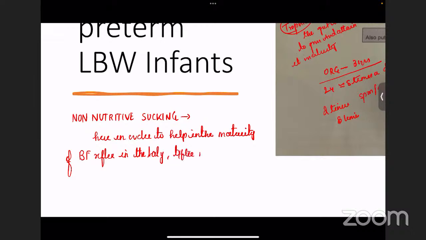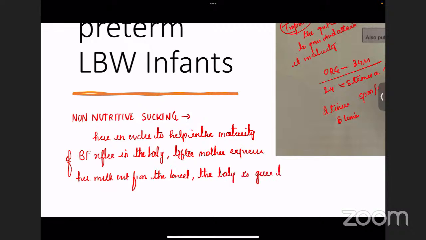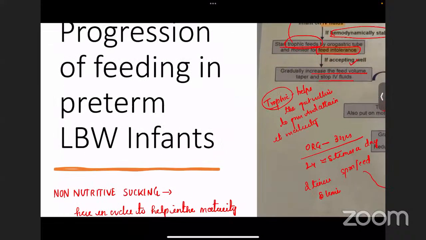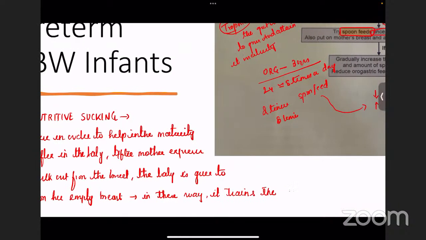After the mother expresses her milk out from the breast, the baby is given to suck on her empty breast. Empty breast. So in this way, it trains the baby for effective sucking.